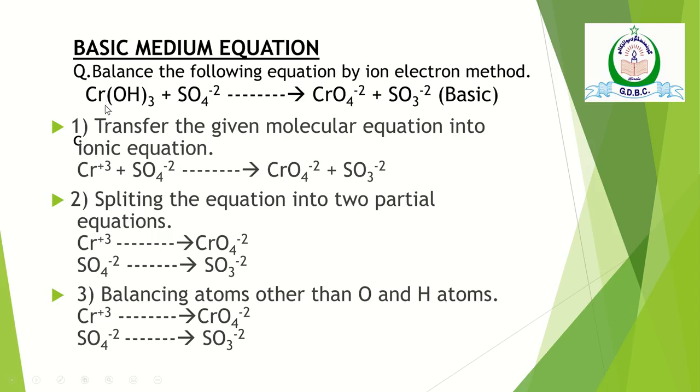So when I break this chromium hydroxide into ionic form, I get chromium plus 3 from this base, that is chromium hydroxide, sulfate as it is, then chromate radical as it is, and sulfite ion as it is. So here is our ionic equation prepared, which we are balancing now. Step number 2, splitting the equation into two partial equations.